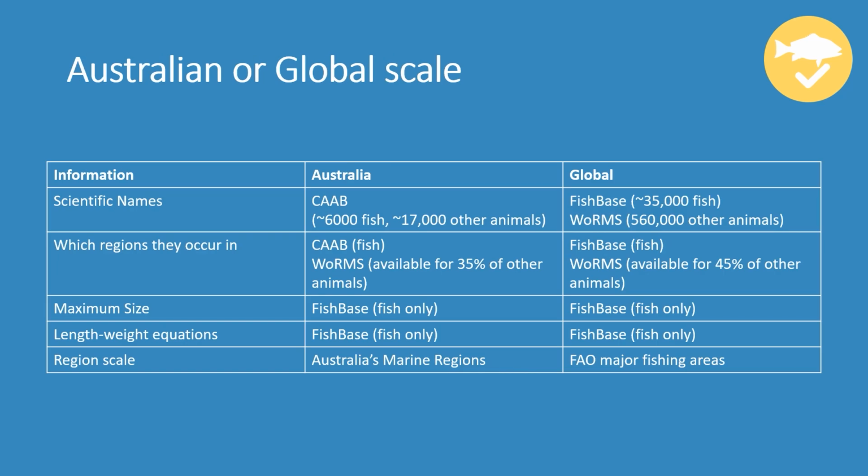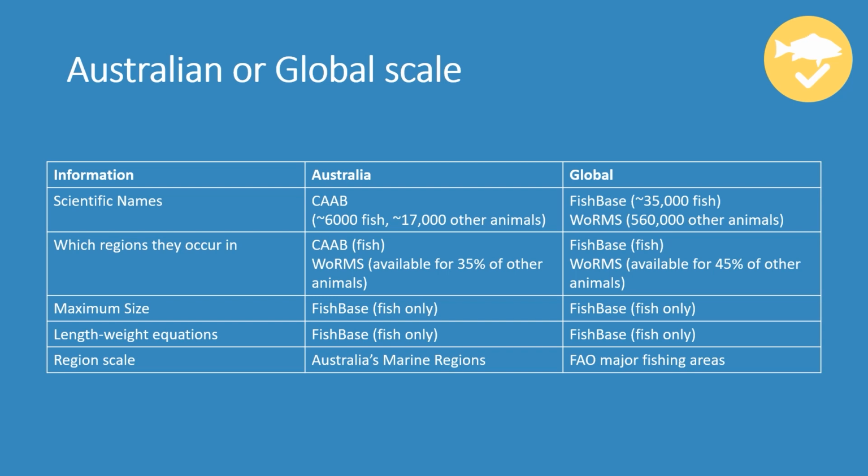There are two life history lists that you can choose from in CheckEM, an Australian scale or a global scale. The information for the two lists come from different sources. In the Australian list, the scientific names are based off CAAB, and in the global list, the scientific names are based off FishBase and WoRMS.